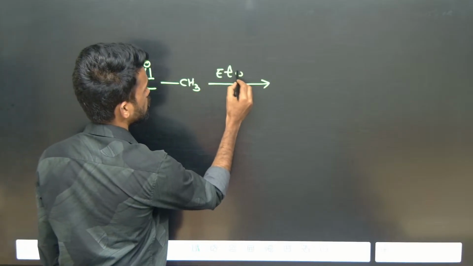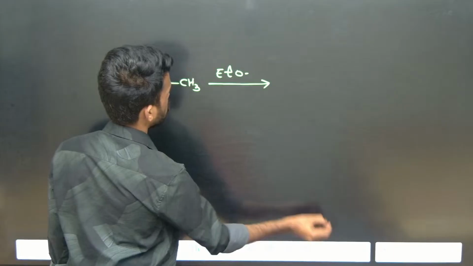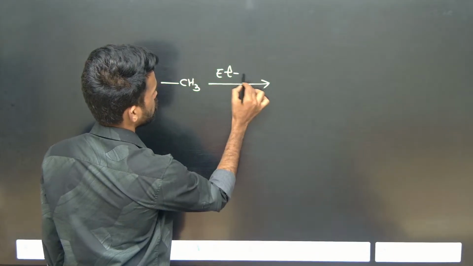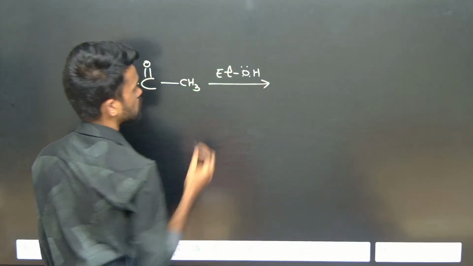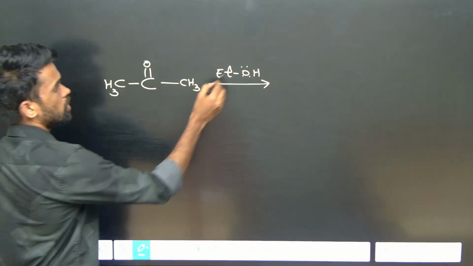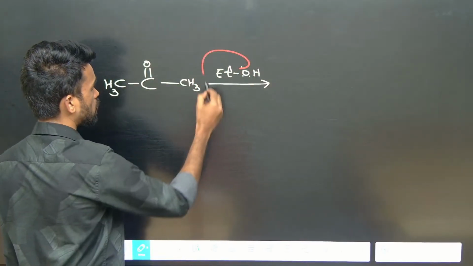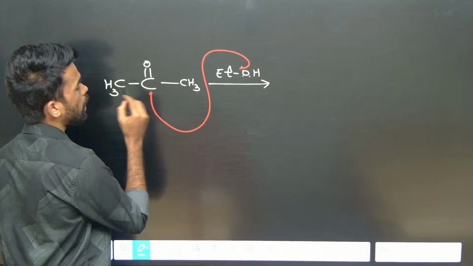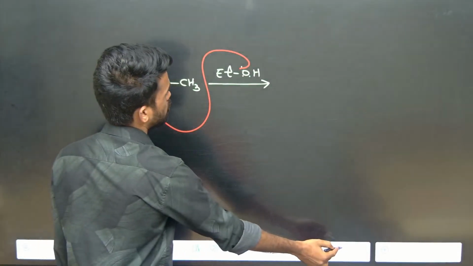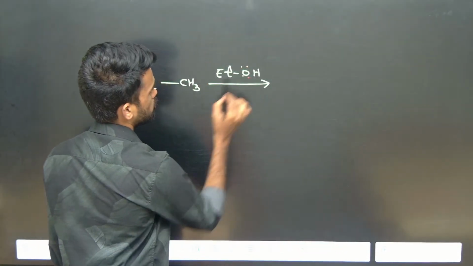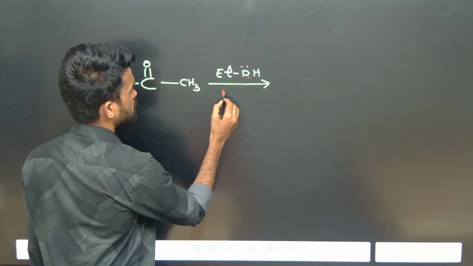What are we adding? Ethanol. Ethanol means you can write it like this. Now what happens, tell me? The oxygen lone pairs can attack on this carbonyl group here. Okay, and the reaction is taking place in which medium? Acidic medium. Okay, let us say it is happening in acidic medium.